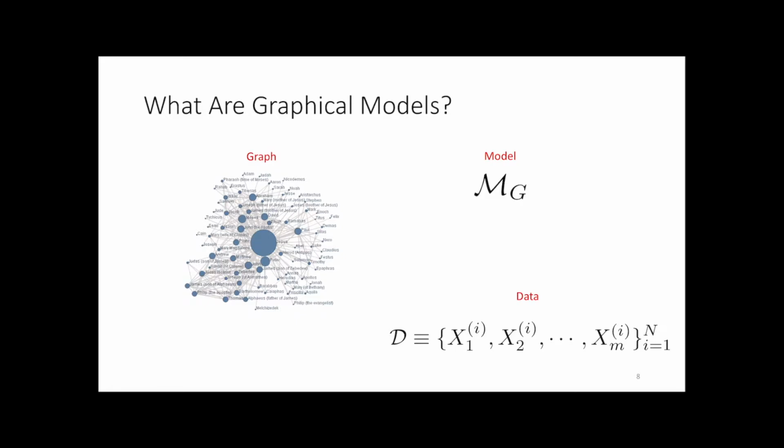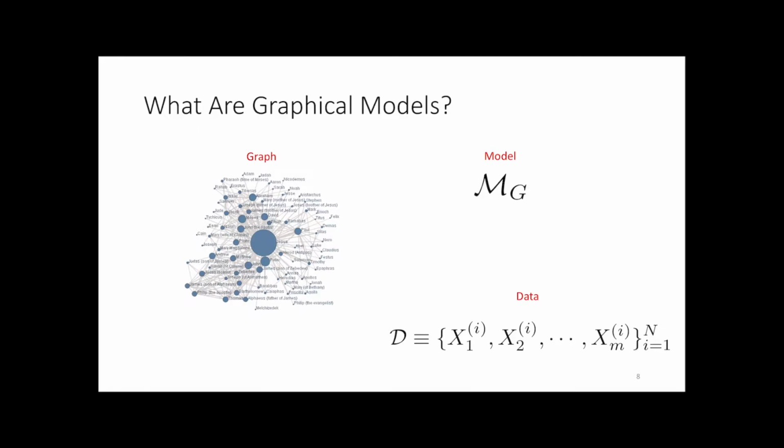Here, whether the person sent the message or not can be viewed as a random variable, and the graph of the friendship over the entire, let's say here, Facebook of John Baptiste would be the probabilistic graphical model.